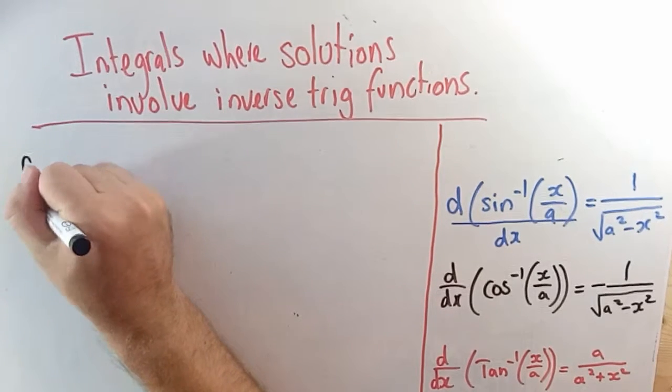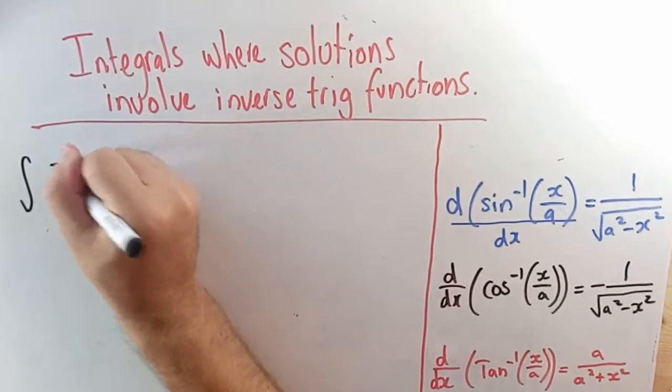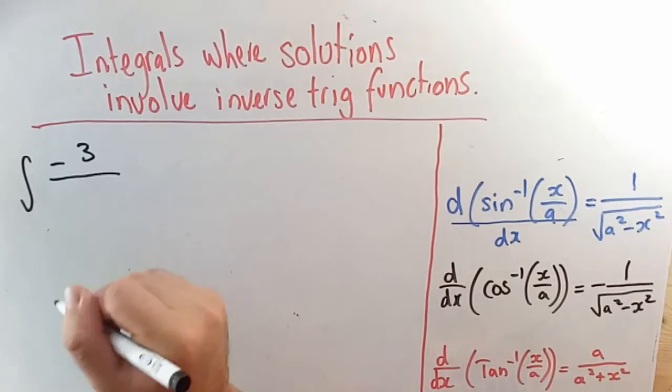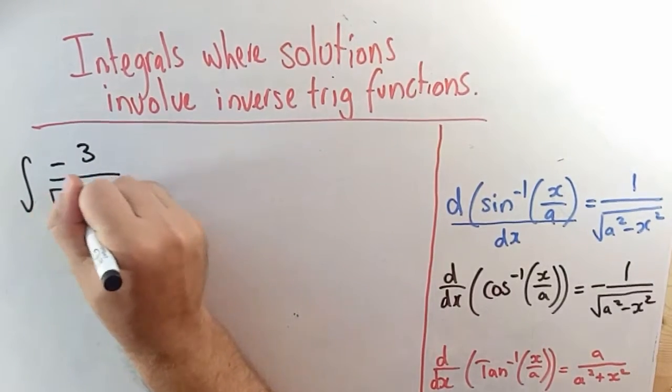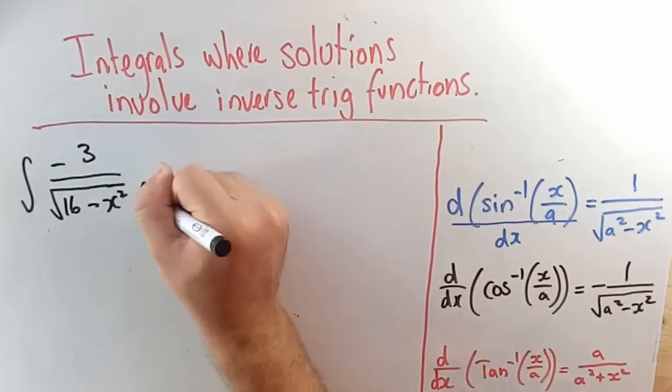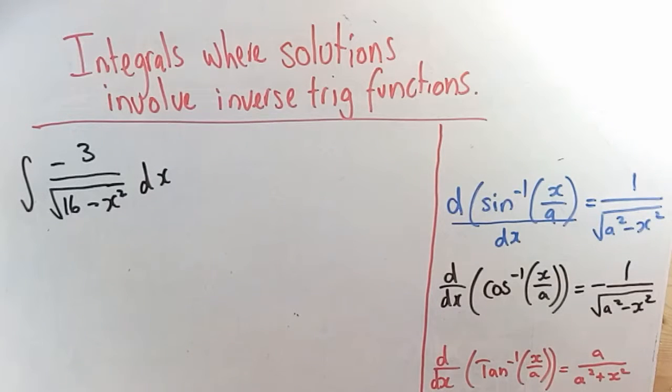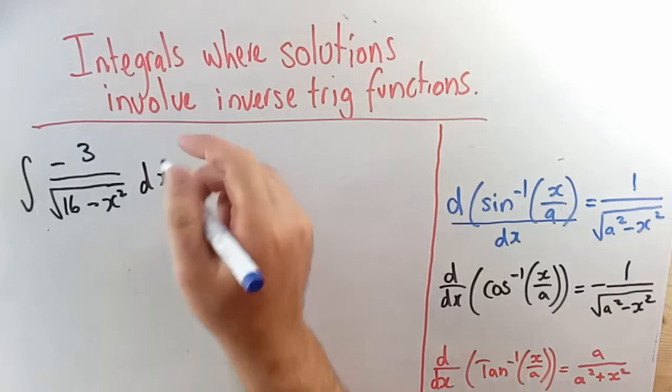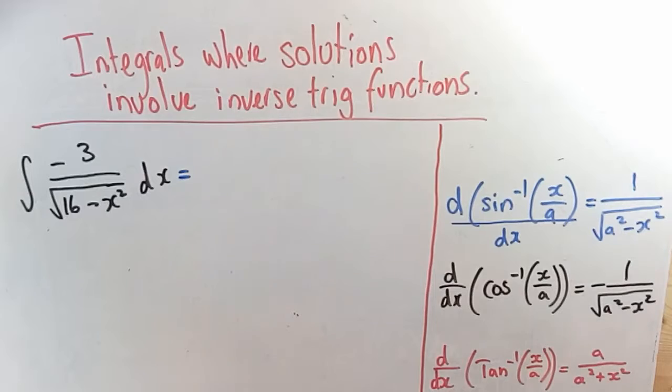What would we get if we were trying to take the integral of -3 on the square root of 16 minus x squared dx? Well, we could try and get it into one of these forms to help us out.